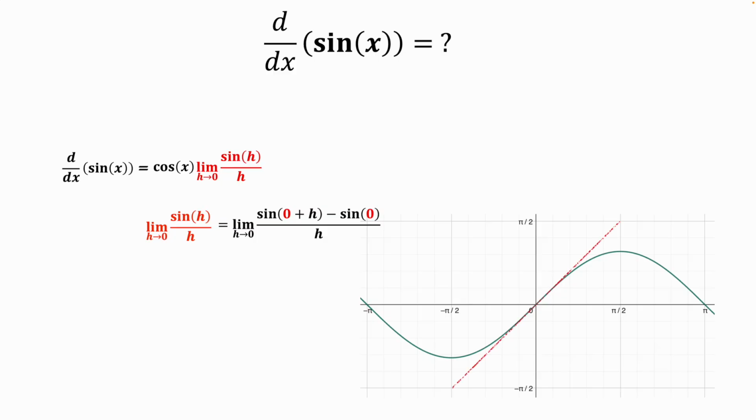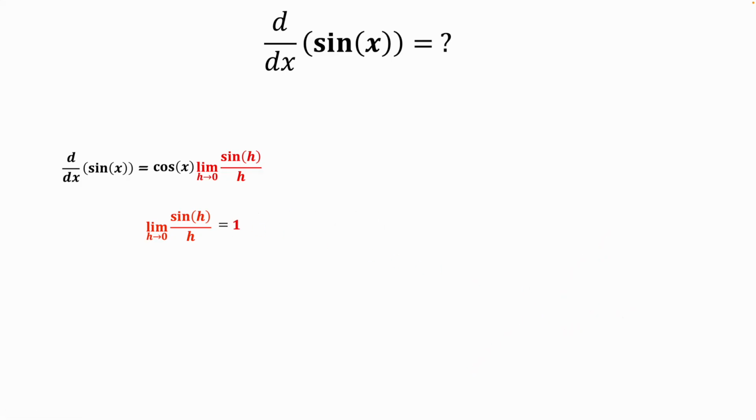If we were to put a tangent line on that graph, and again, remember, what this entire limit is equal to is the slope of this tangent line at x equals 0, which, if you'll notice, has a rise of pi halves and a run of pi halves. Guys, that's a slope of 1. So if that's a slope of 1, then that entire limit equals 1, which beautifully means that we can replace 1 in that equation, and there we have it.